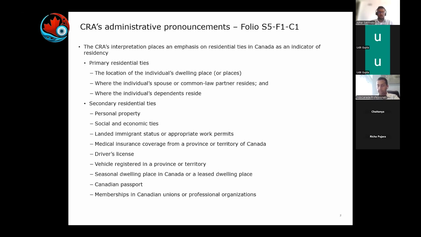And there is no determinant factor on where your primary ties reside. In that situation, you also analyze the secondary residential ties, which would mean: what is going to be your immigration status when you arrive in Canada? Do you have medical insurance coverage in Canada? Do you have a driving license, memberships in Canadian unions or professional organizations? And where are your primary social and economic ties going to be after you arrive in Canada?